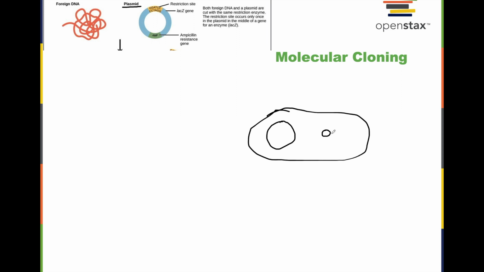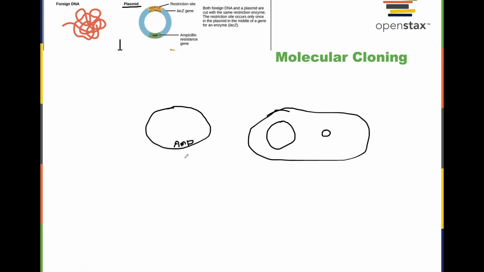There are a number of important regions of a plasmid that you need to learn about. If we talk about this plasmid, you see a number of things. You see a gene in here labeled AMP, and this is a gene on the plasmid that produces a protein that causes resistance to an antibiotic, ampicillin.